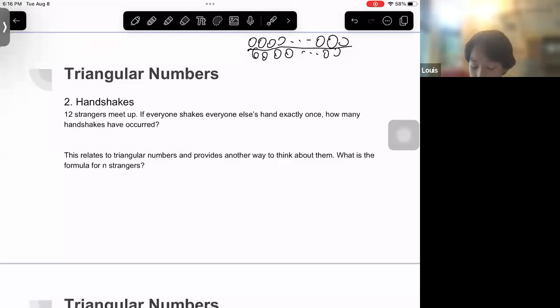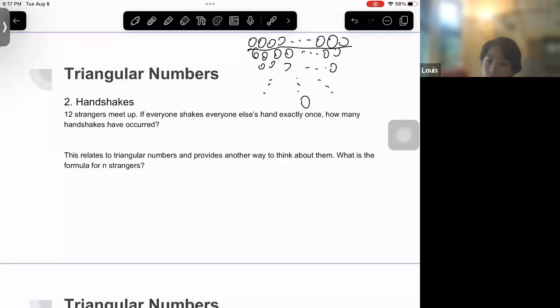So all the way down, up to the second to last person, who has only one, because he's already shaken hands with all of the people above.